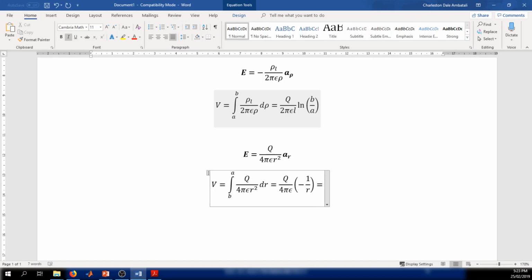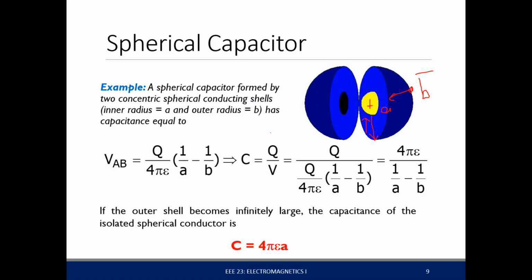So this becomes q over 4 pi epsilon, and that negative 1 over r becomes negative 1 over a plus 1 over b. Huh, there's something wrong. So, right, let me check. You have radius of a here, positively charged, and your initial position is from b, and you integrate to a, so that's integral from b to a.